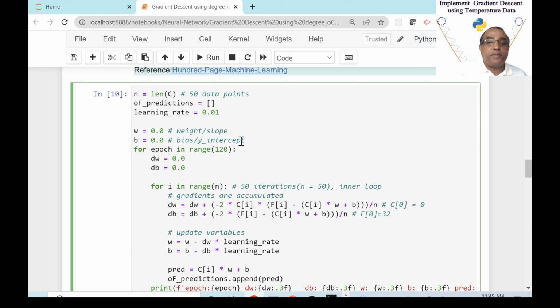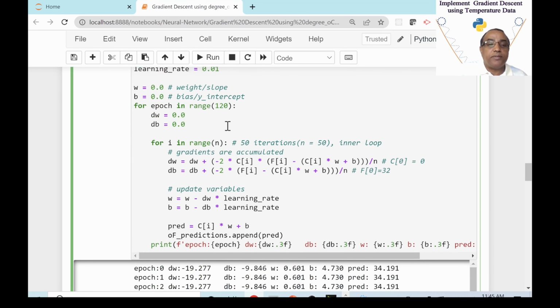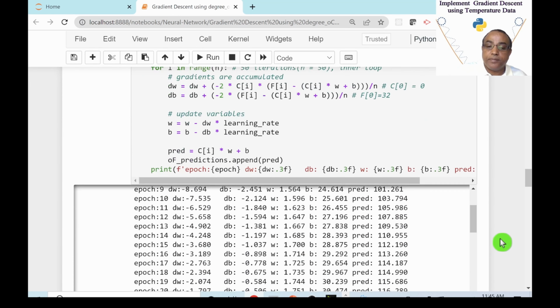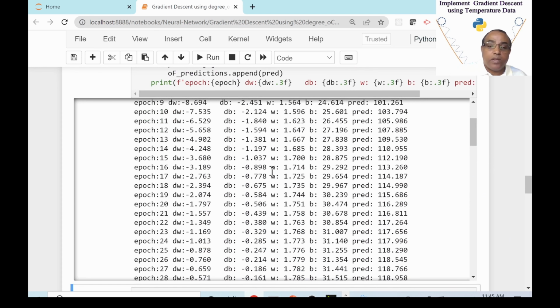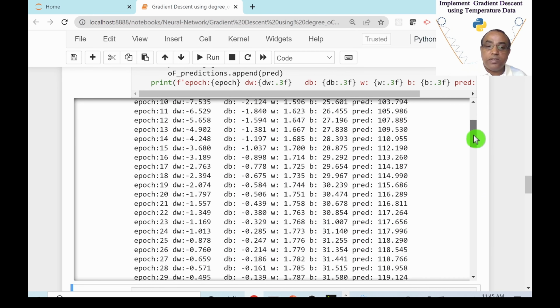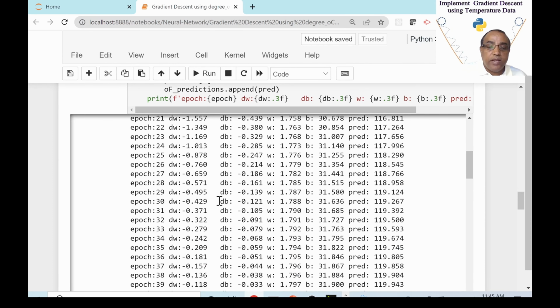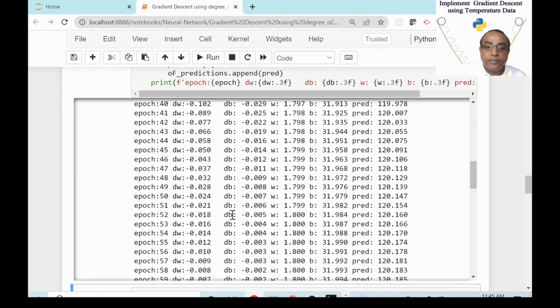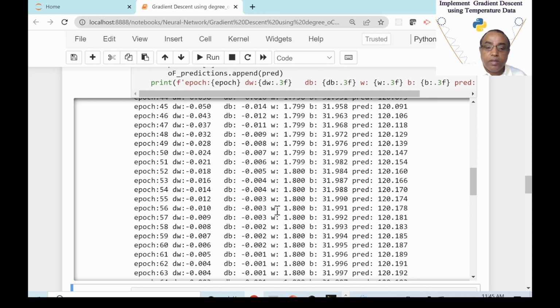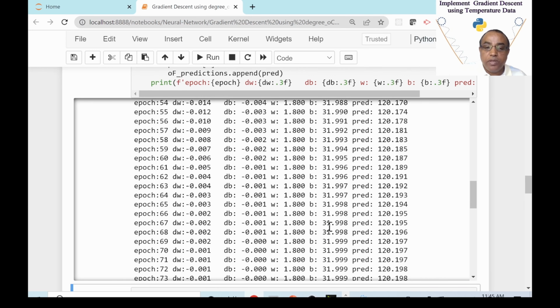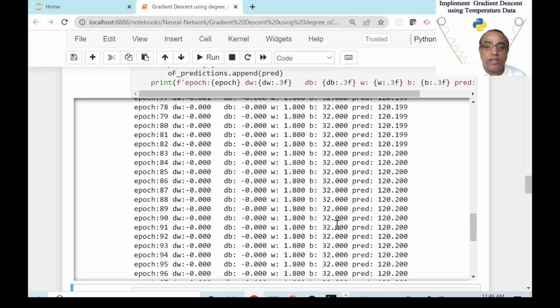So in this case, what happens? Let's see. It looks like gradients are decreasing. The value of W is close to 1.8 and B is close to 32, right?